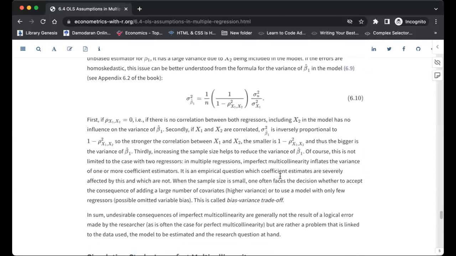Yeah, in here is the most important one, because when we have a sample size, like a bias and variance trade-off, this one is already talked about in the previous chapters. When the sample size is small, we have to make a decision about which one we choose, higher variance or reducing the bias.